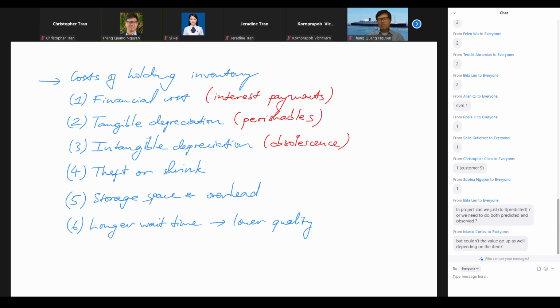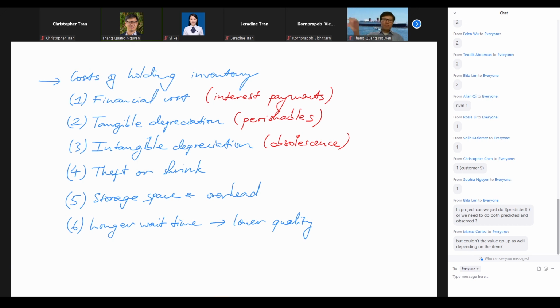If they keep the collectibles, for example, baseball cards, there's a chance that the baseball card printers print some more. The value may go down, okay? That happens. The collectors are so mad at the printers because they print more cards and the values of the cards go down, right?